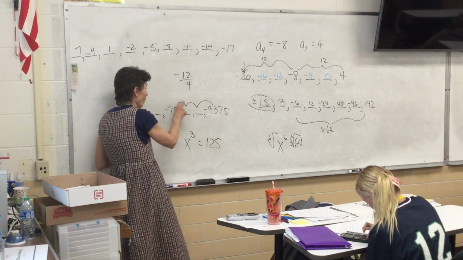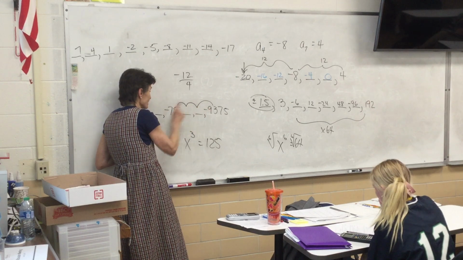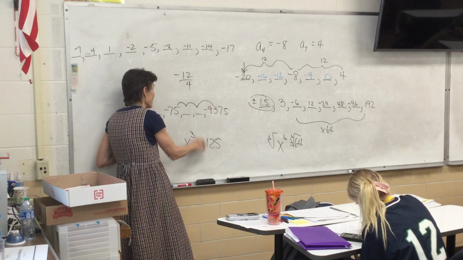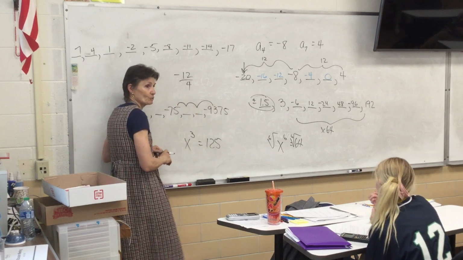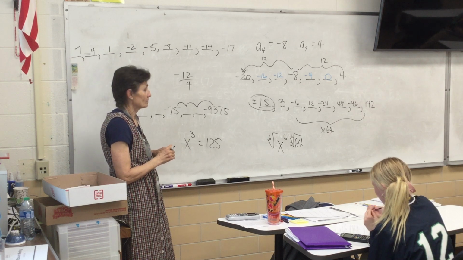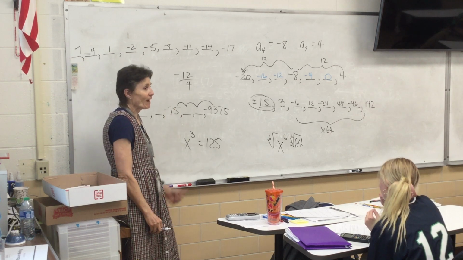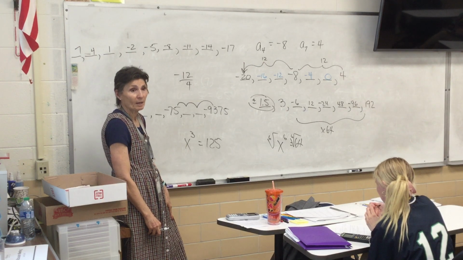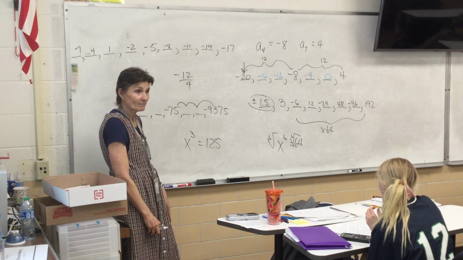So something multiplied 3 times to get from here to here to here has to make the jump of 125. 5 to what power? Oh, should I give it away? 5 to the third is 125. So I am multiplying by 5.